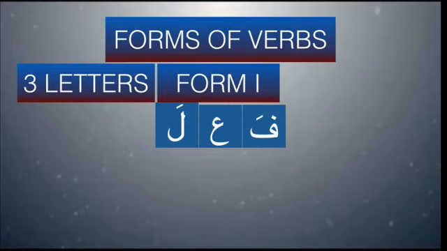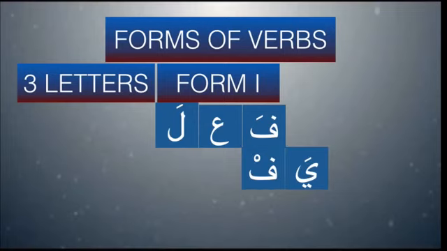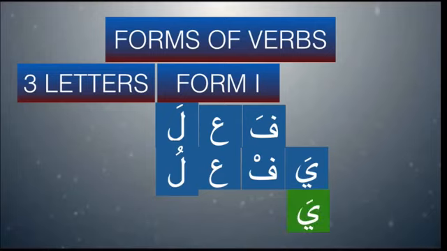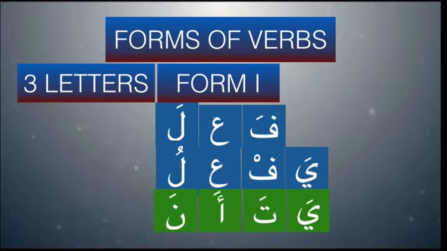That is in the madi. And we also know that in the mudari', the alamatu mudari' will have a fatha in a three-letter verb, the fa kalima will have a fatha sukoon, the ain kalima is where the vowel sign changes, and the lam kalima will have a dhamma in the marfu form. And we know the alamat mudari' are ya, ta, a, and na with the fatha.